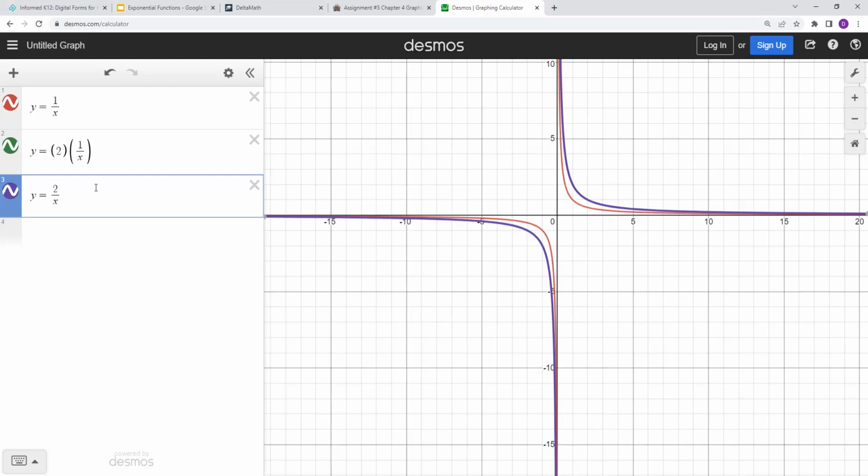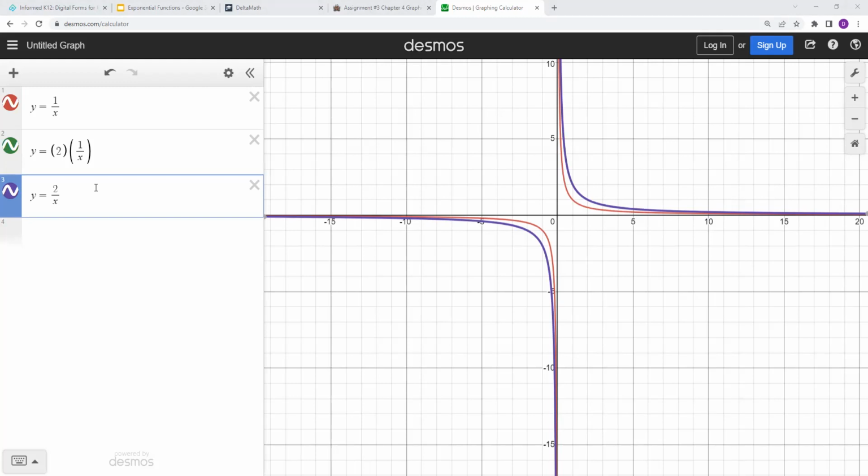So you see how I put it in different forms? The green form has the 2 in front. What if they multiply 2 and 1 over x? Now 2 over x is the same thing, so you have to be aware of the vertical stretch on that. Does that make sense? Any questions on that? Are we good?